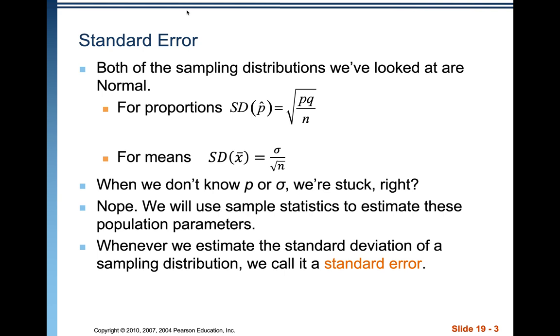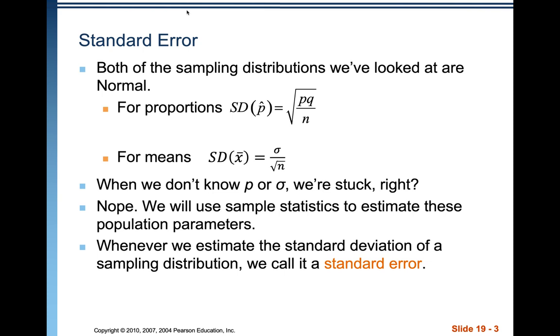The standard deviation of the sampling distribution of all the sample means for a fixed size n is going to equal sigma, the true standard deviation of the entire population of x's, divided by the square root of n. Okay, we're really focusing in on proportions, so let's look at that case.